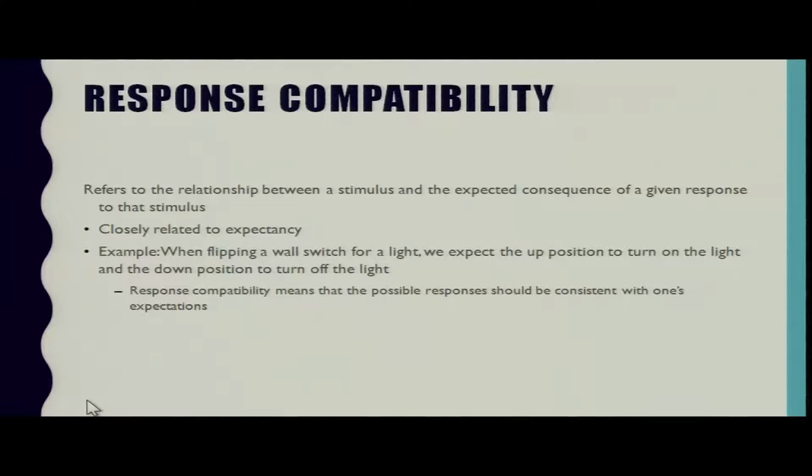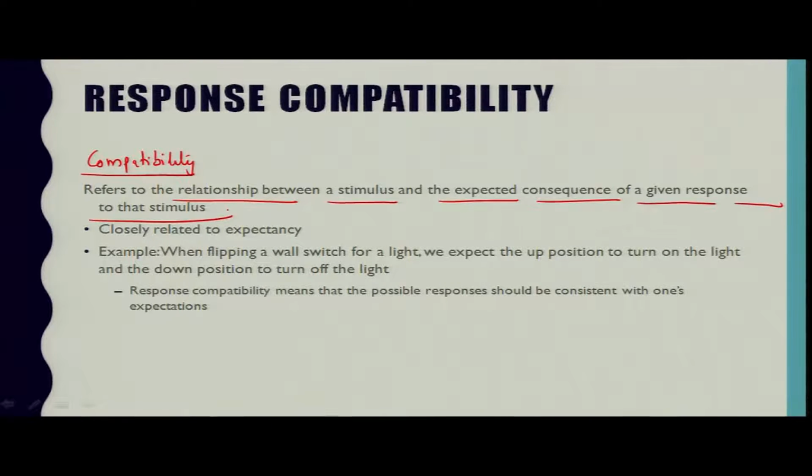So let's talk about compatibility. Here we need to understand response compatibility. Compatibility refers to the relationship between a stimulus and the expected consequences of a given response to that stimulus.